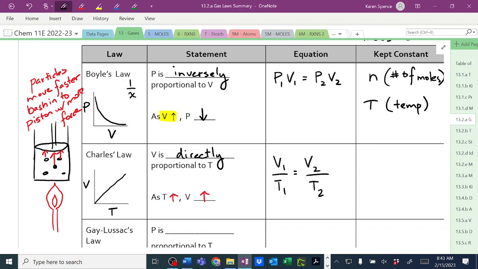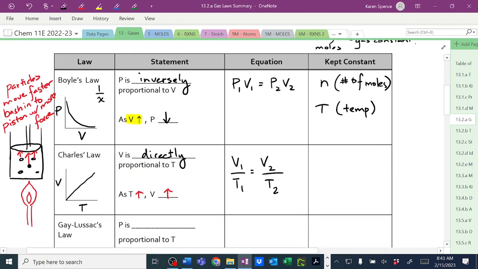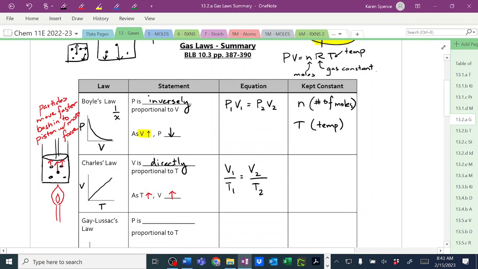And so what are we keeping constant when we are applying Charles' law? Well, obviously the gas constant. What else? Number of moles and the pressure, okay?